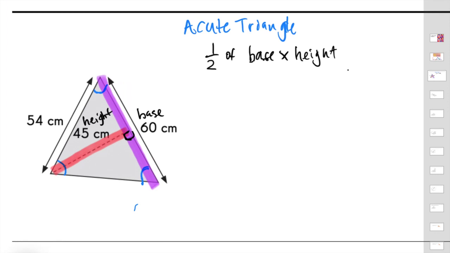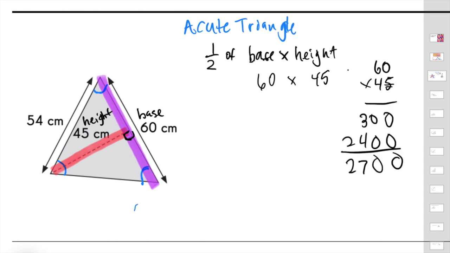All right, let's check in to see your thinking. So we know that to find the area of a triangle, we need to take half of the base times the height. So if the base was 60 and the height was 45, let's multiply 60 times 45. And 60 times 45 is 2,700.